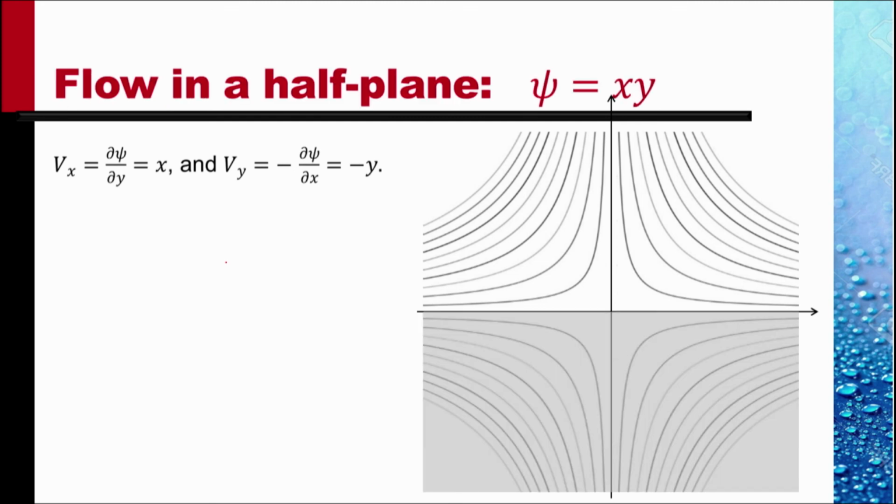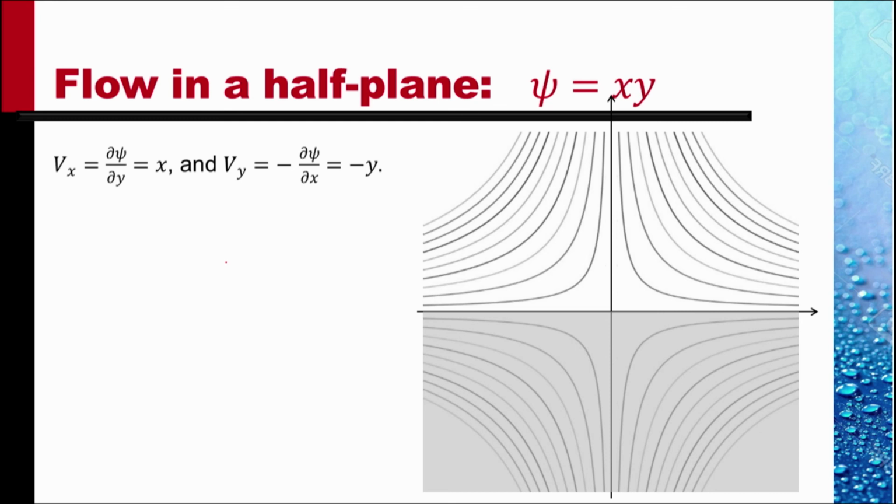So, if we replace the x-axis by a wall, then psi is equal to xy represents the flow in a half plane above the wall, assuming the viscosity is not there, assuming that the no slip condition does not apply.